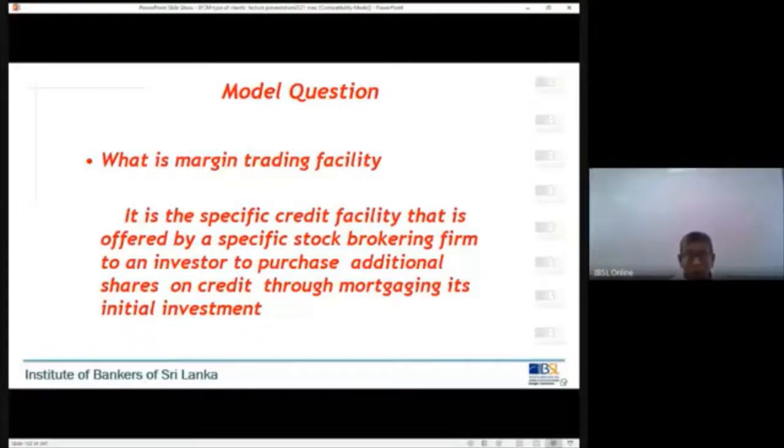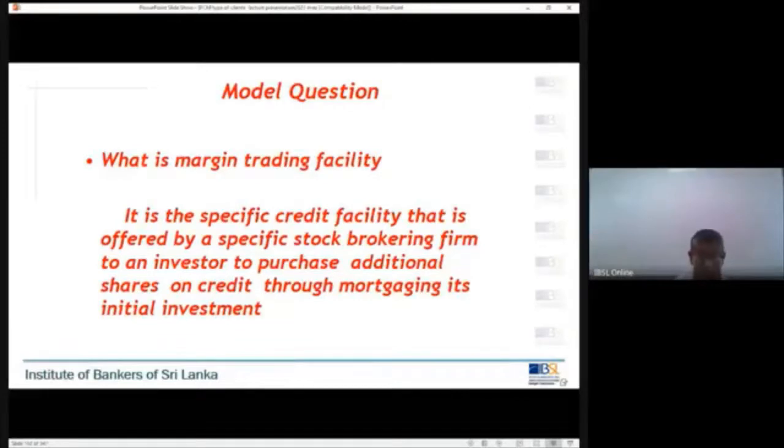So in that case, the stock brokering company can act as an intermediary to give me a loan facility or credit facility, to buy the stock I intend to buy, say NDB. It is only for the purchase of stocks, nothing else.